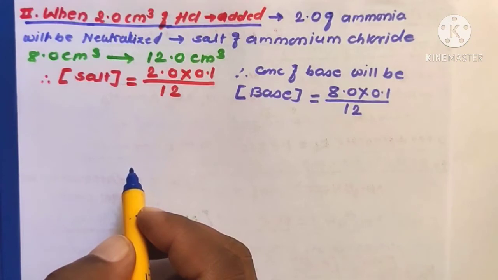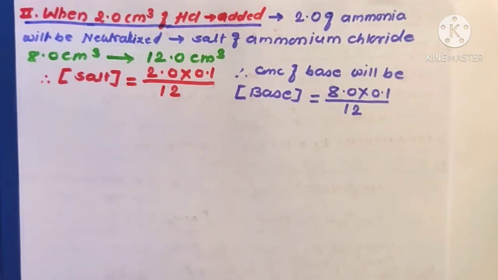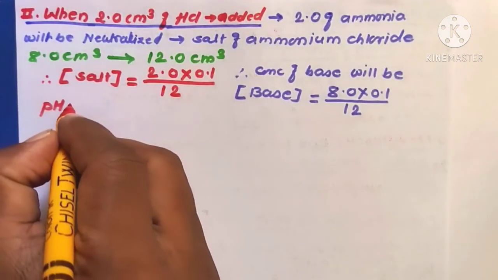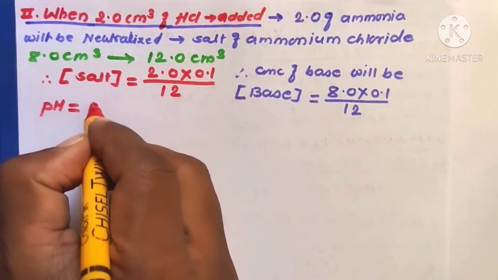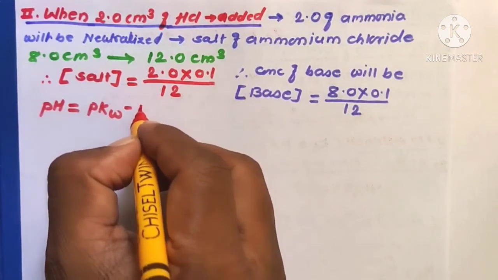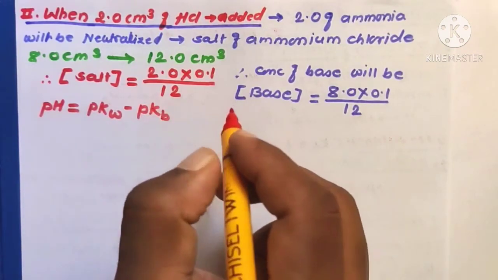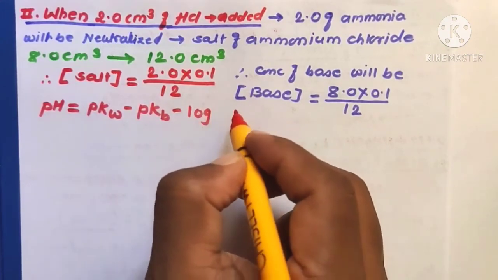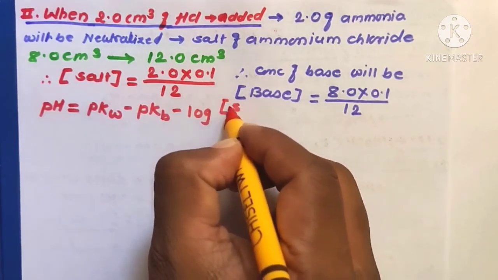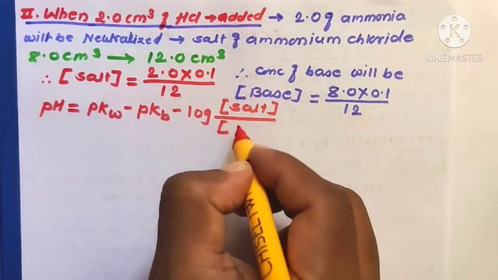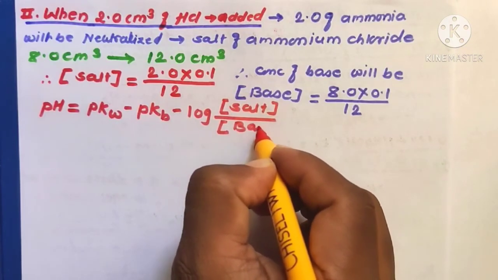The pH of a basic buffer is given by the expression pH is equal to pKw minus pKb minus log of the concentration of salt divided by the concentration of base.